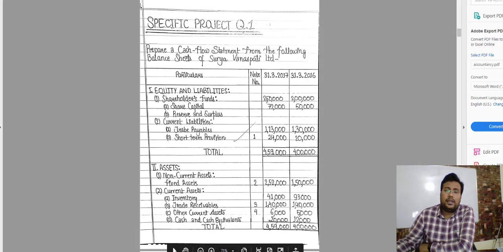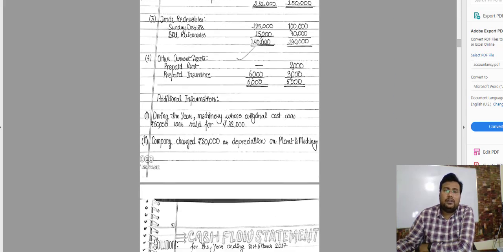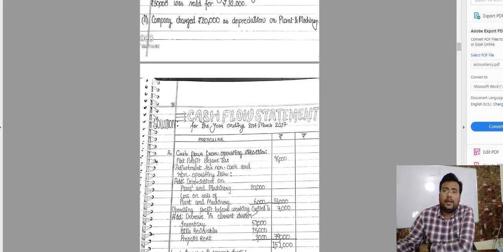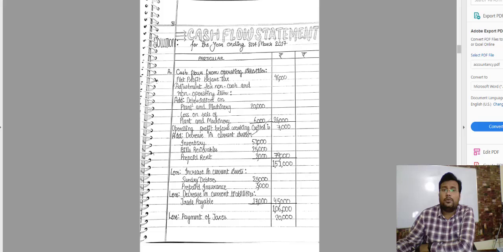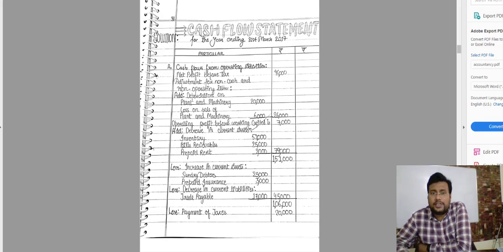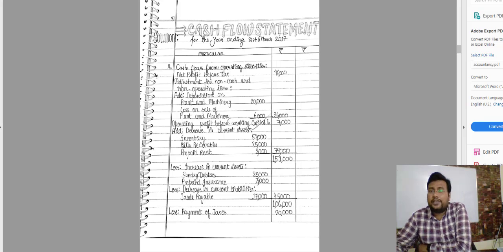So from there you can take a question, and after that you have to provide the solution. You have to prepare a cash flow statement. The cash flow statement contains 3 activities: operating, investing, and financing.